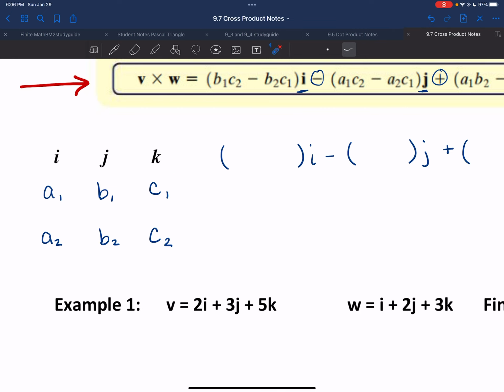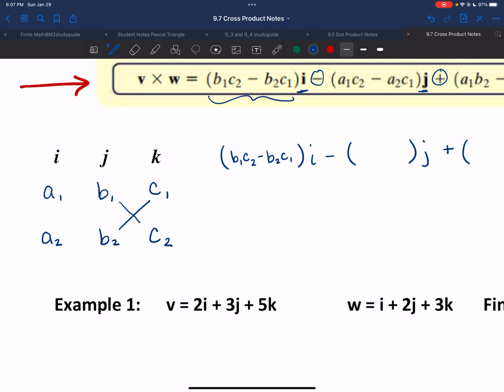So I take a normal X: b1 times c2, and then minus b2 times c1. Okay, so here we have emulated what they gave us.